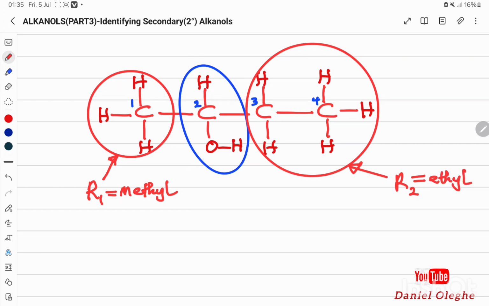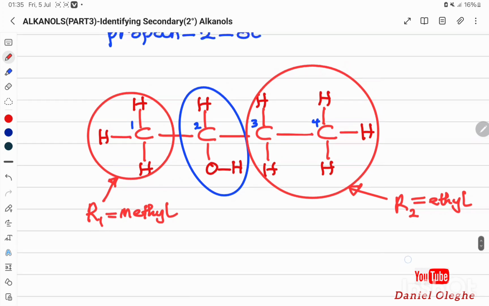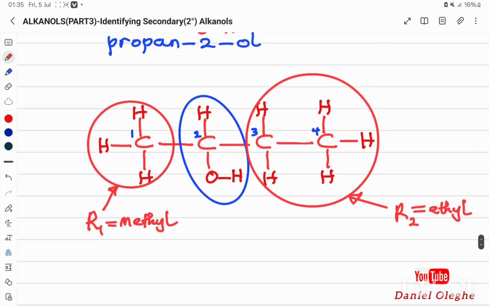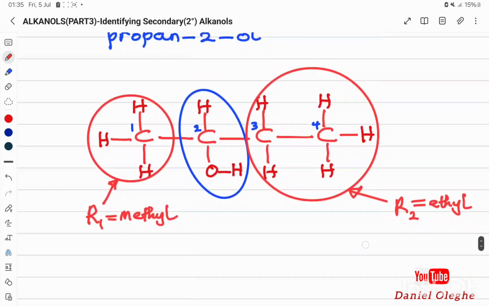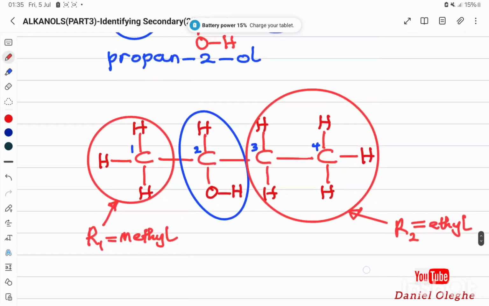So this is an example of a secondary alkanol that contains 2 different alkyl groups attached to the hydroxy-carbon atom in the middle of the structure.